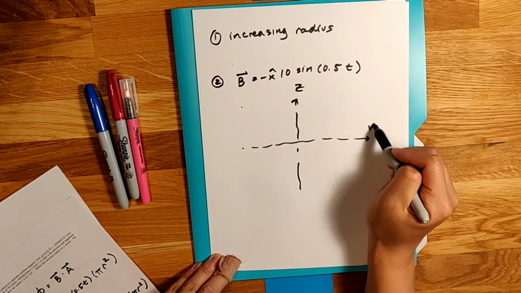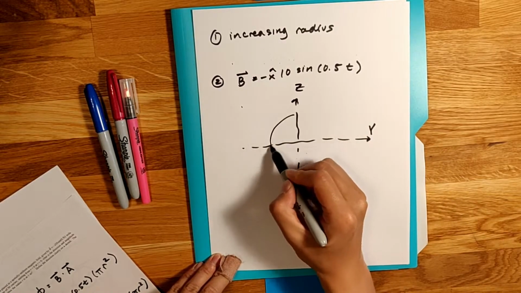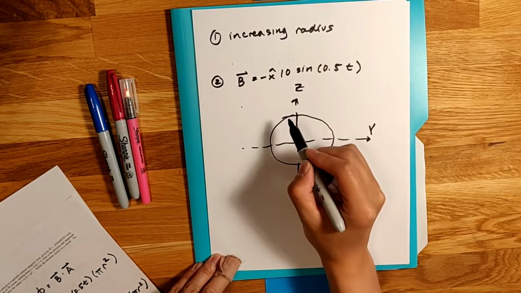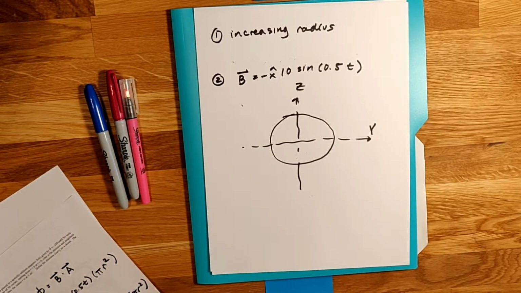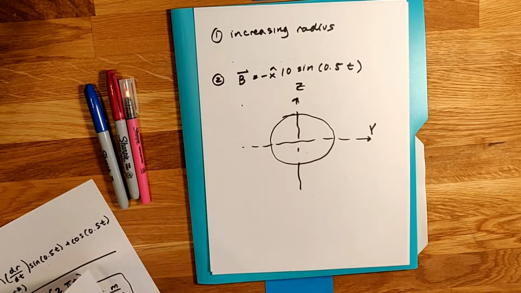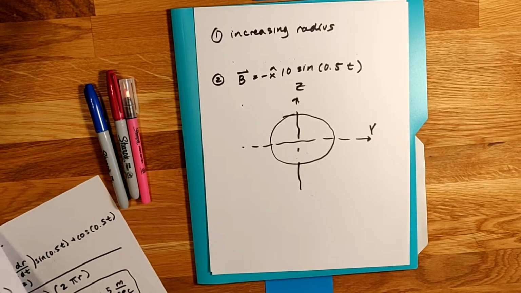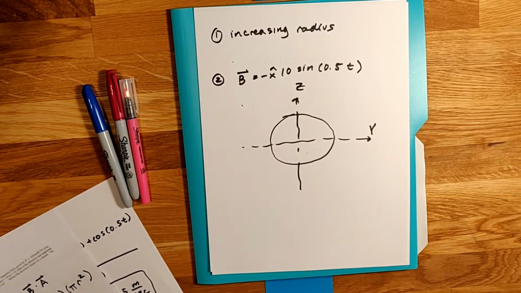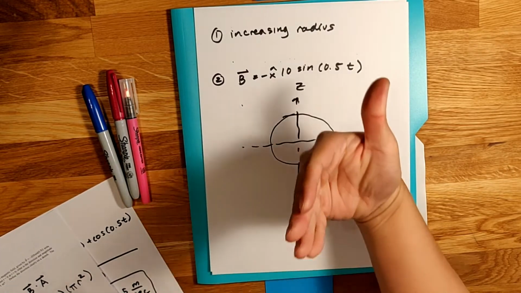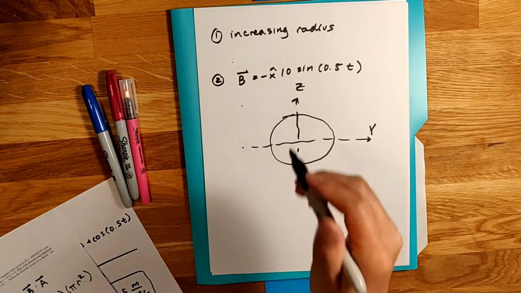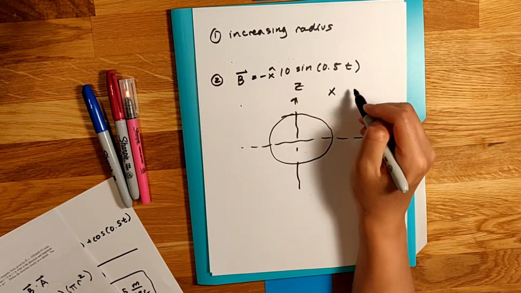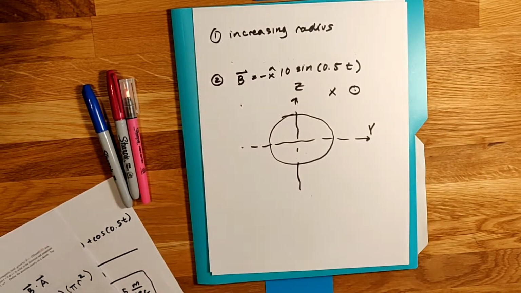Z, Y, this is our circle. Then all that means is our x is going to come out of the paper, x, y, and z. X is coming out.